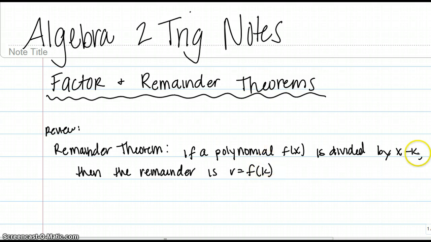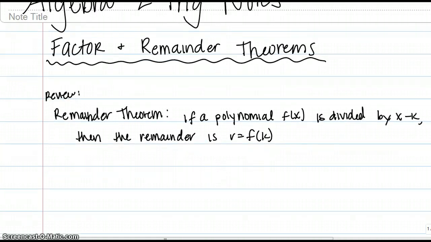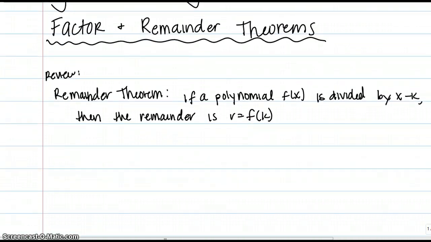So whatever this k value is, if you plug that in for x, that is the remainder. So the additional thing that we will be learning today is the factor theorem.